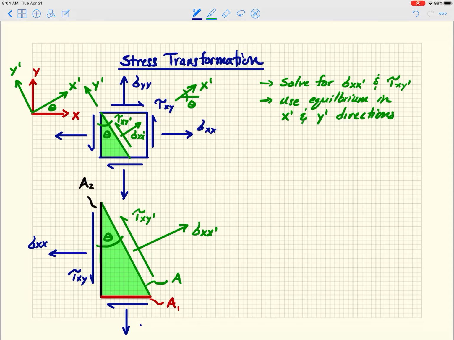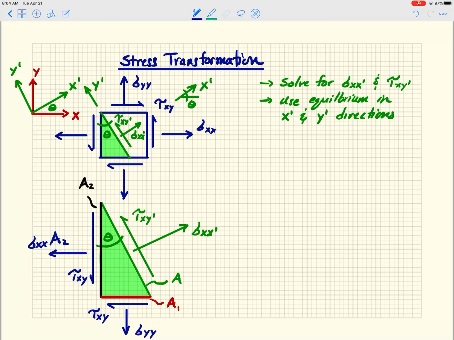This is tau xy, and this is sigma yy, and this, of course, is also tau xy. So sigma xx is acting on area 2, so if I multiply it by area 2, I get the total force going to the left.